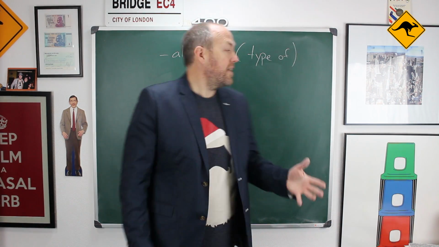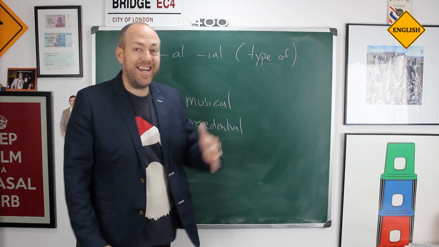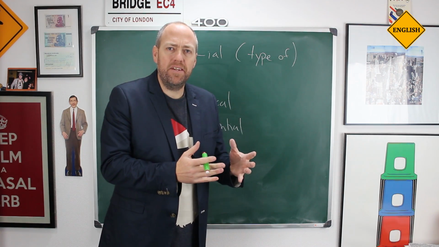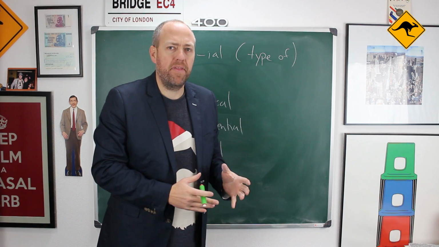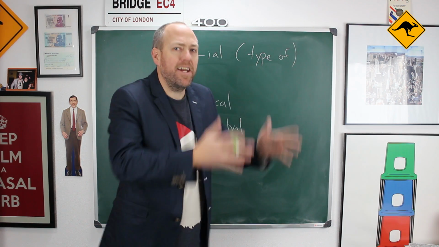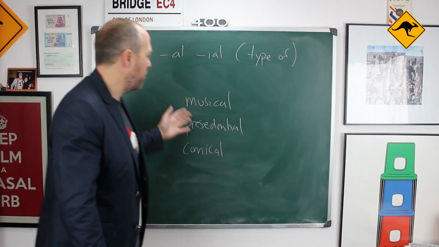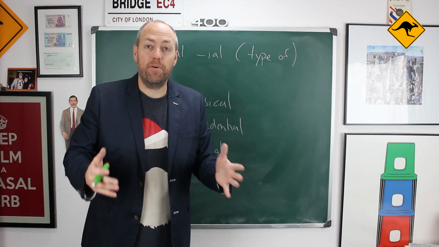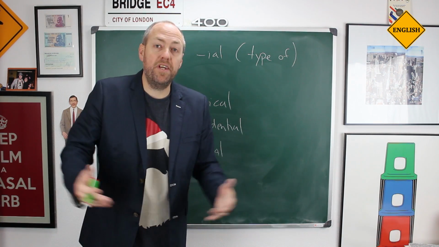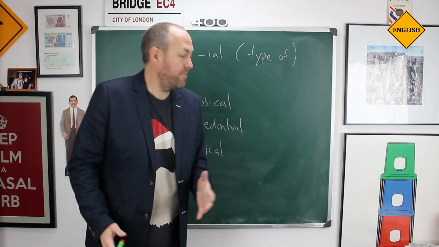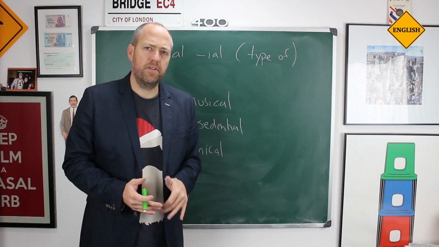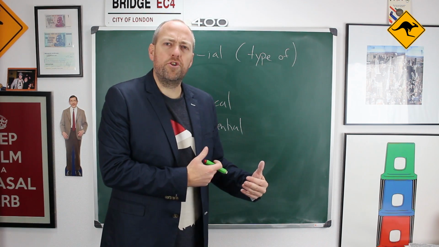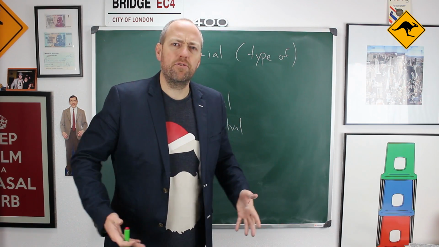And the final type is al or el. And this is to indicate that something is a type of something or in a category of something. So for example, musical. It's a type of something with music or related to music, or presidential. Maybe I do something which is very presidential.